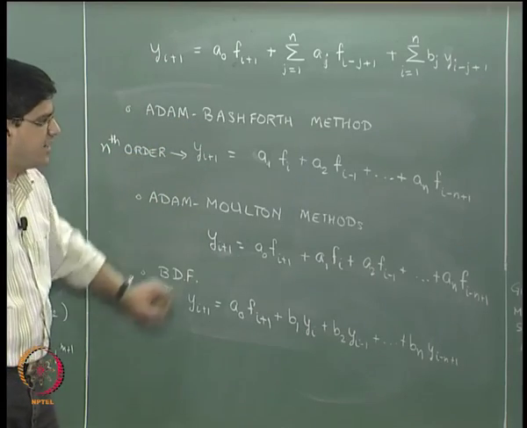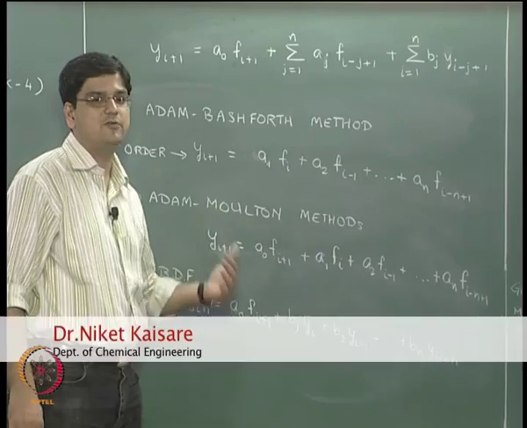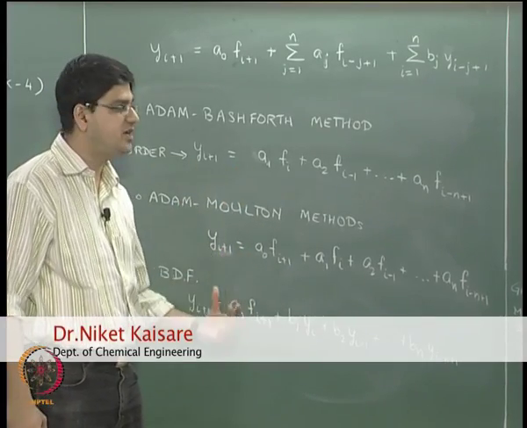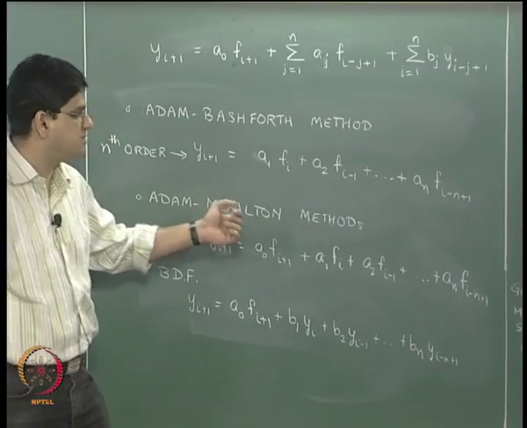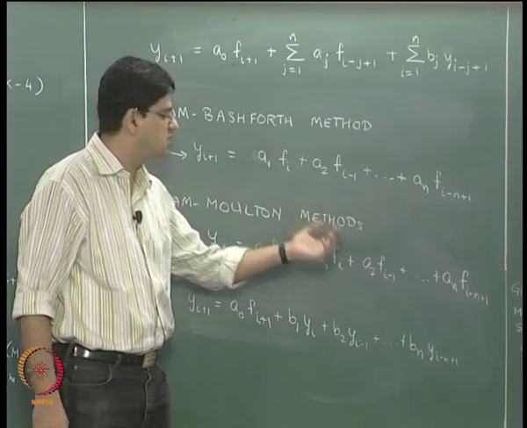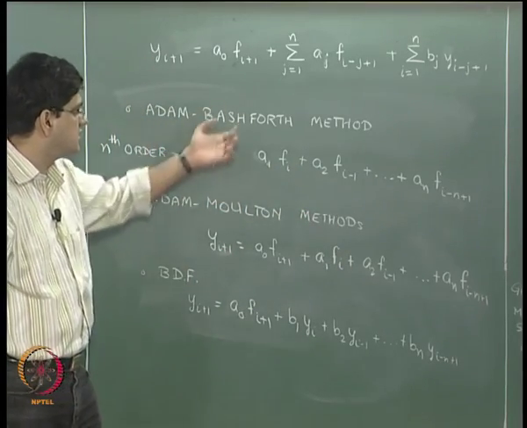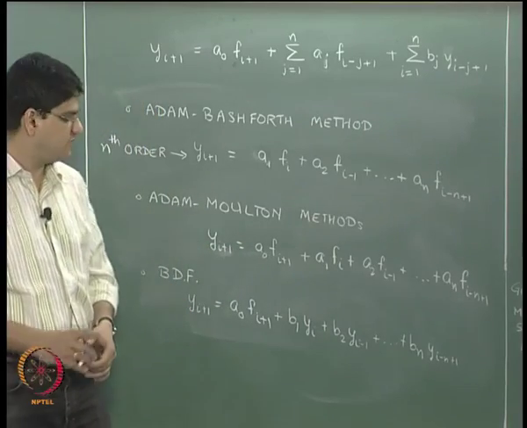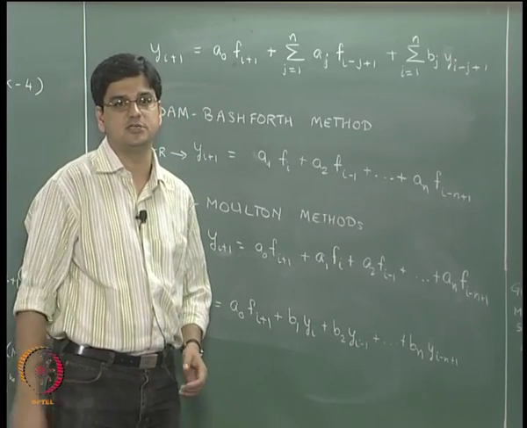For the Adams-Bashforth method and Adams-Moulton method we will be using the Newton's backward difference interpolating polynomials, we will fit them to the past function values fi minus 1 up to fi minus n plus 1, and we will use those results and integrate them in order to get yi plus 1 using the Adams-Bashforth or the Adams-Moulton method. The derivation of these methods is something that I will cover in the next lecture. Thank you.